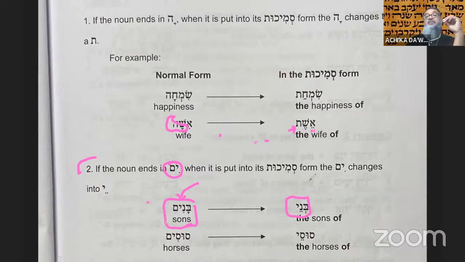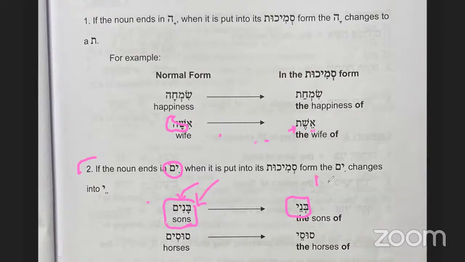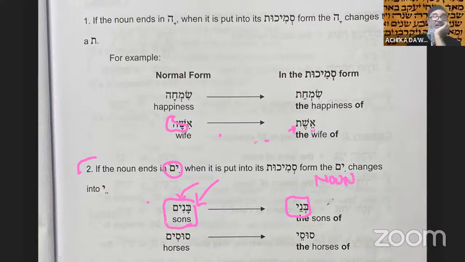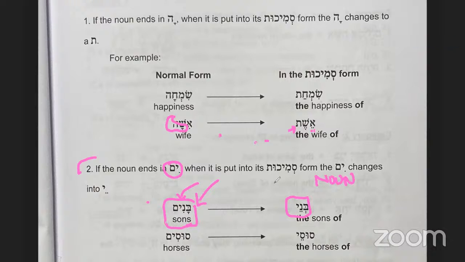Why is that? Because what is the Banim? Is it a verb or is it a noun? It's a noun. Is it the first noun or the second noun? First. It's the first. Okay.